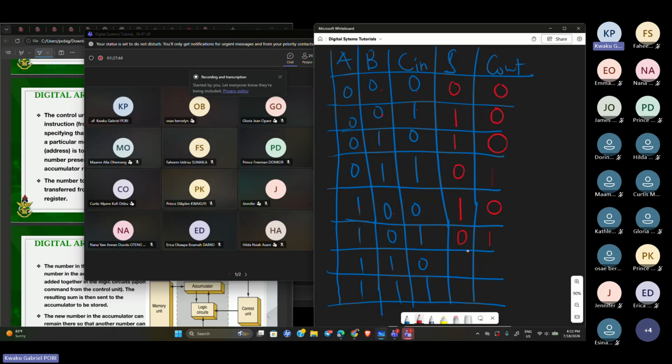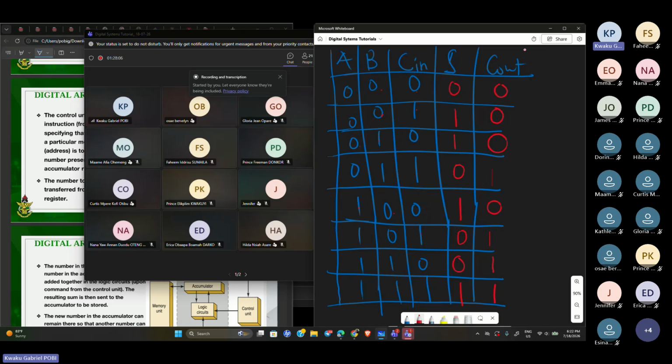So sum, carry out. Then here too, you get 2 because 1 plus 1 is 2, plus 0 is still 2. So the sum will be 0, the carry will be 1. And then here you have 1 plus 1, which is 2, plus 1, which is 3. 3 means you have the sum to be 1, and then you carry out 1.